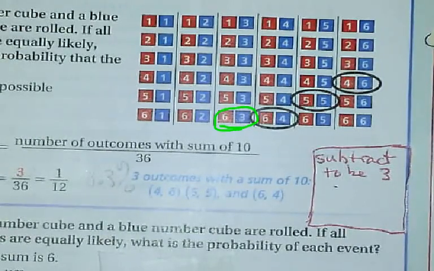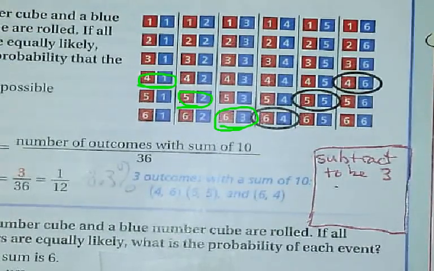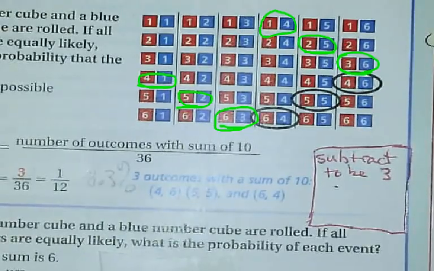That would subtract to be a 3. 5 minus 2, that would subtract to be the 3. 4 minus 1, that's where the red one is bigger than the blue one, right? But look over here. Here, 4 minus 1, the blue one's bigger than the red one. Still subtracts to be 3. That one subtracts to be 3. So look, there are 1, 2, 3, 4, 5, 6 different ways to subtract to be a 3.